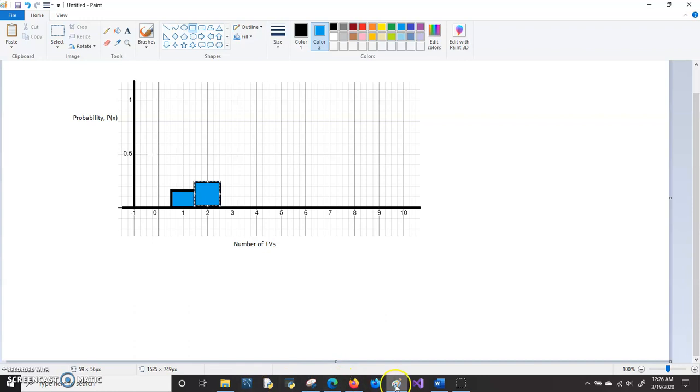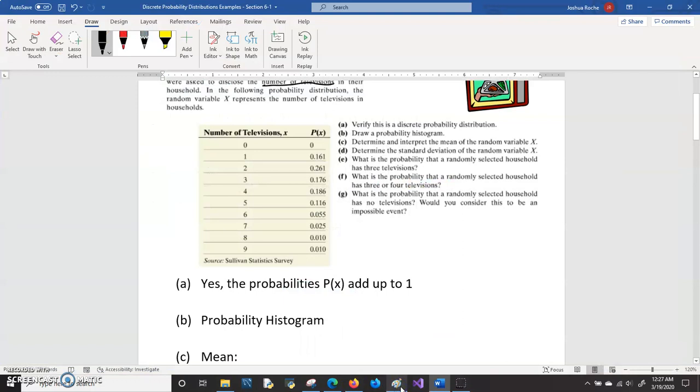And just continue in that way. 0.176, 0.186, 0.116, 0.055, 0.025.